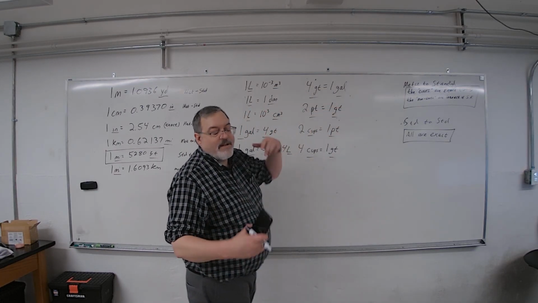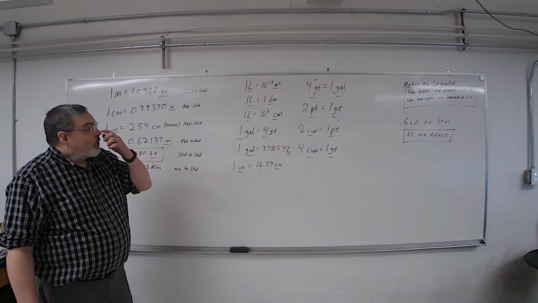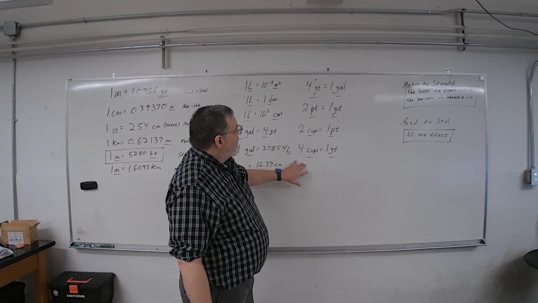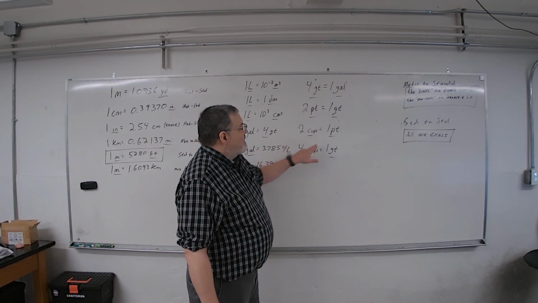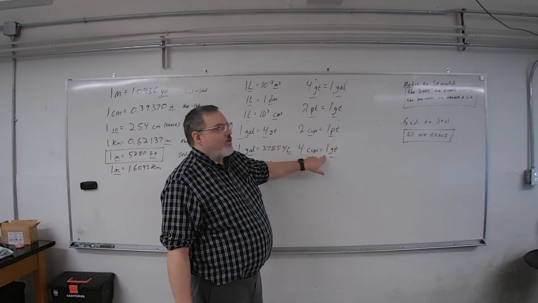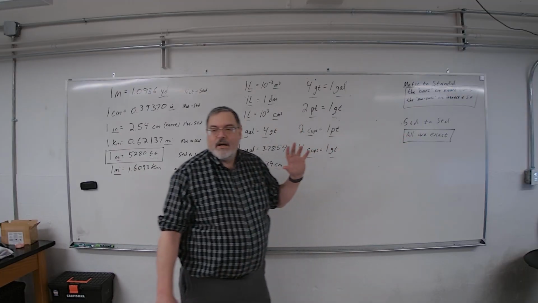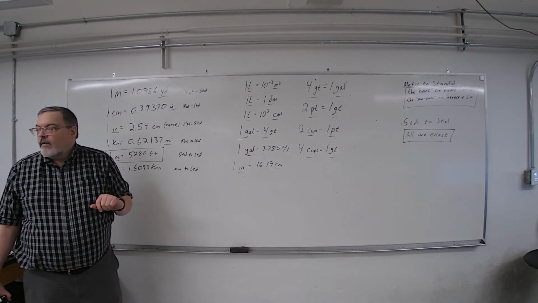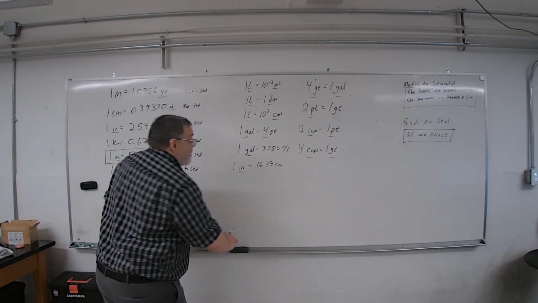When it's standard to standard, they're definitionally exact. 4 quarts to a gallon, 4 cups to a quart. So that's exact, that's exact, that's exact. So I can't say it comes down to the 1 when it's standard to standard. Both sides of the equal sign are infinitely exact. You with me? So you don't even look at those for significant figures.